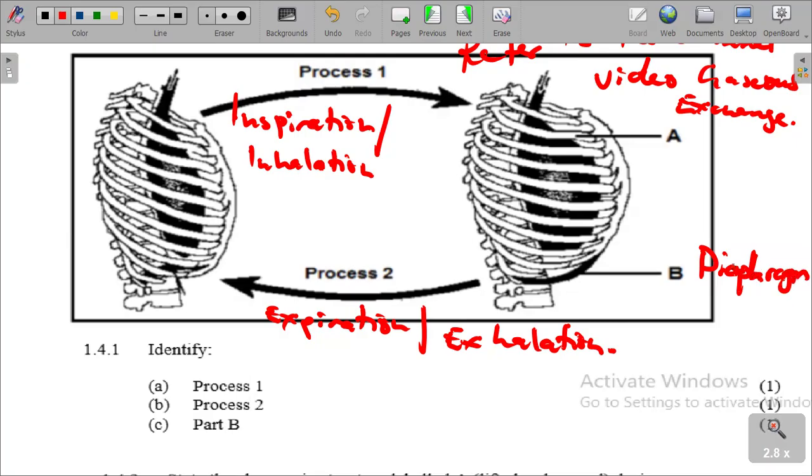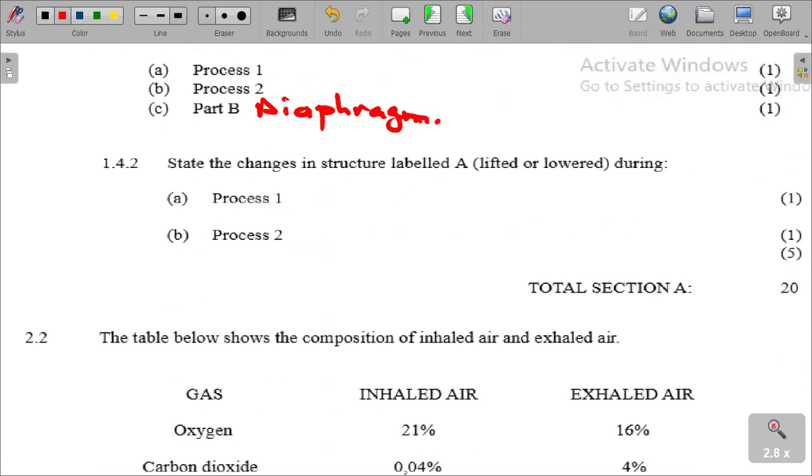Part B is the diaphragm, and 1 and 2 are shown as I have marked them on the diagram there.